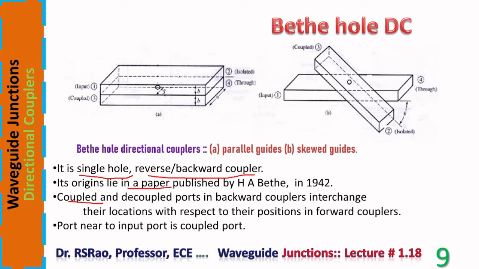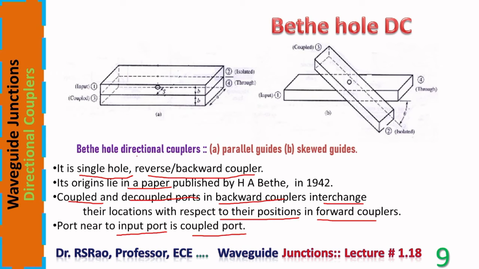Coupled and decoupled ports in backward couplers interchange their locations with respect to their positions in forward coupler. Port near to input port is coupled port, and port opposite to input port, of course in both the varieties, is through port, and port which is opposite to coupled port is isolated port.